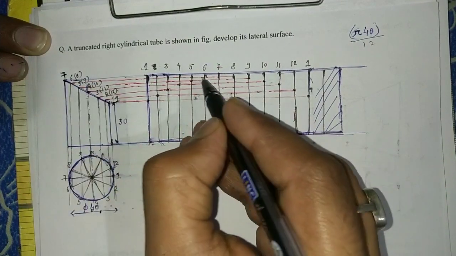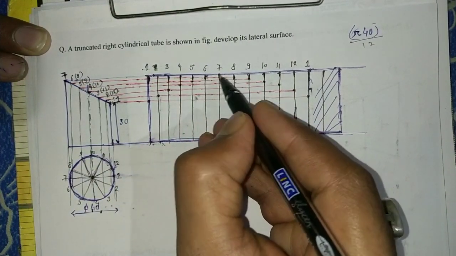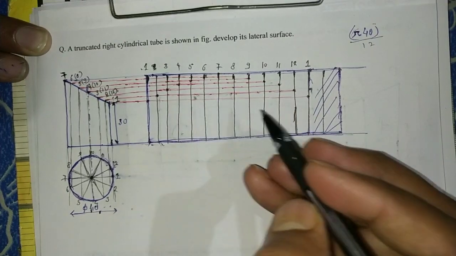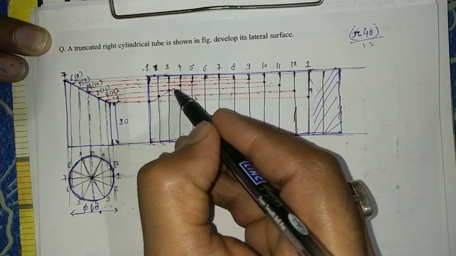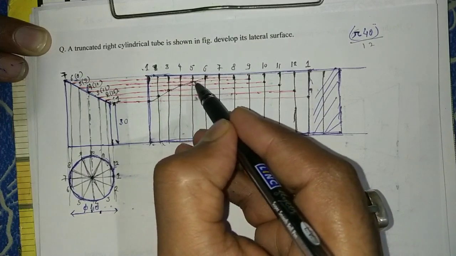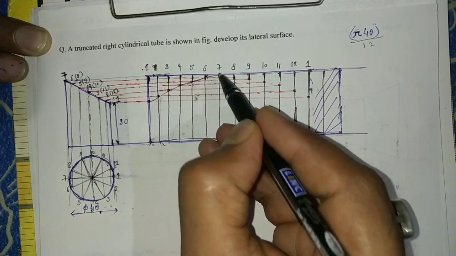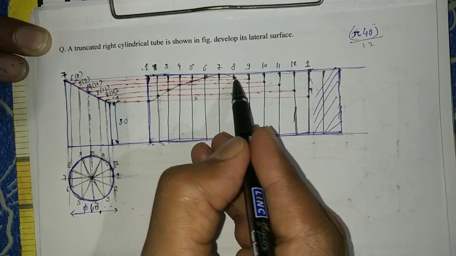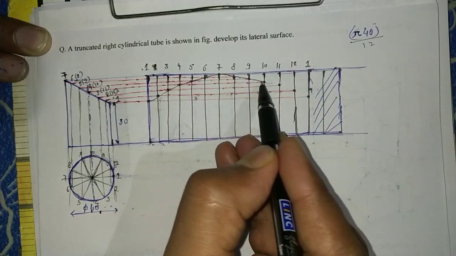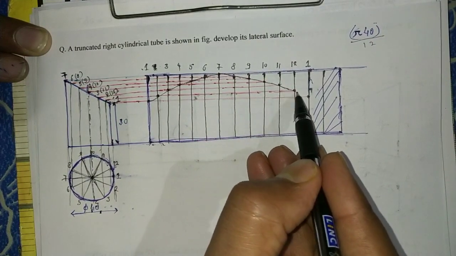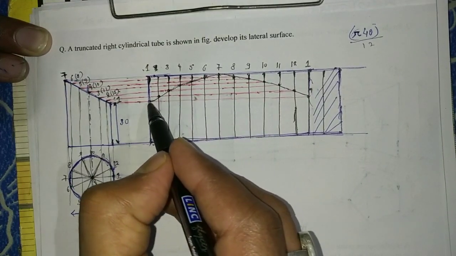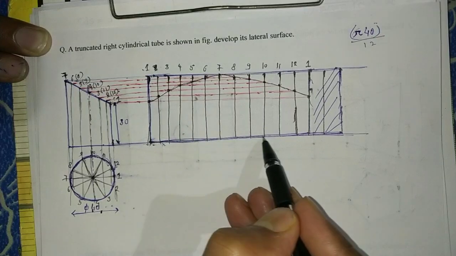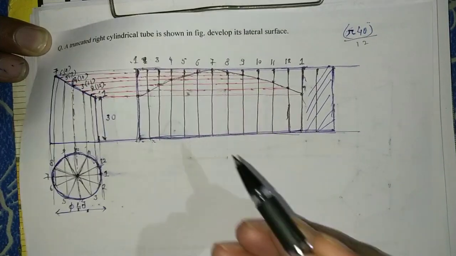After that 6 and 8. After that 7. So we just join these points with the help of a French curve. And this is the development of this truncated cylinder.